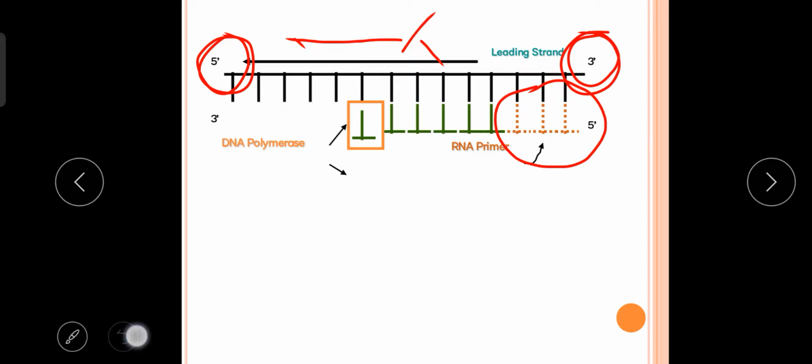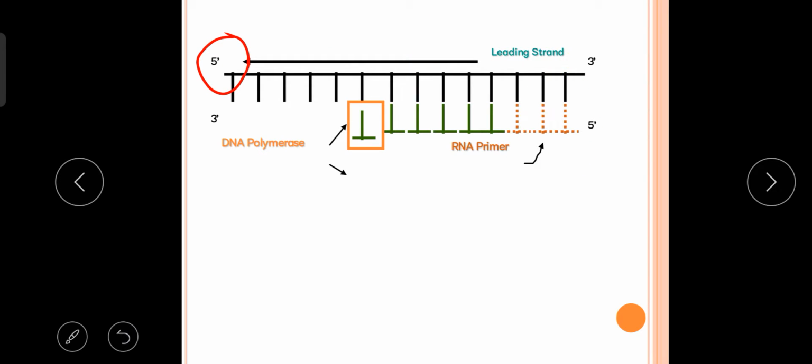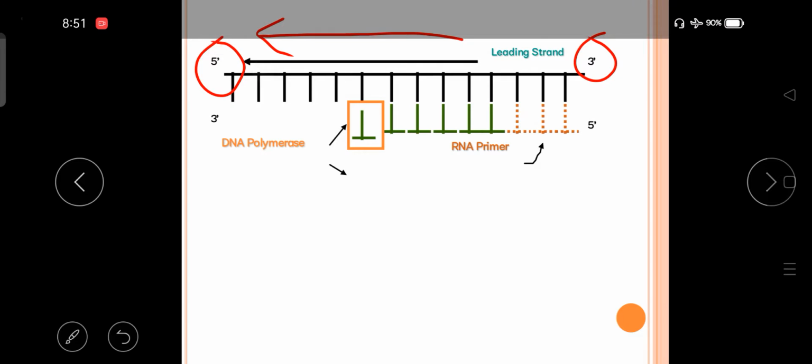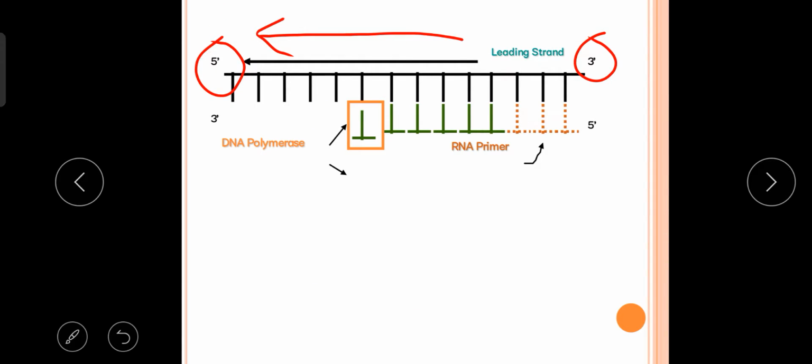I will show you again. Here you can see the direction, this one. This is the template strand, 3 prime to 5 prime, and this one is the new strand.